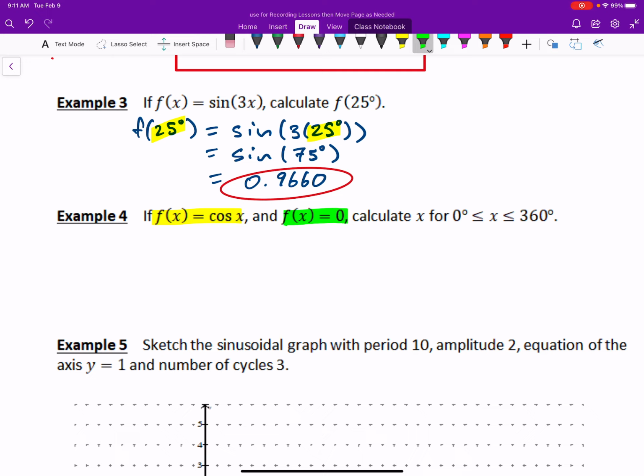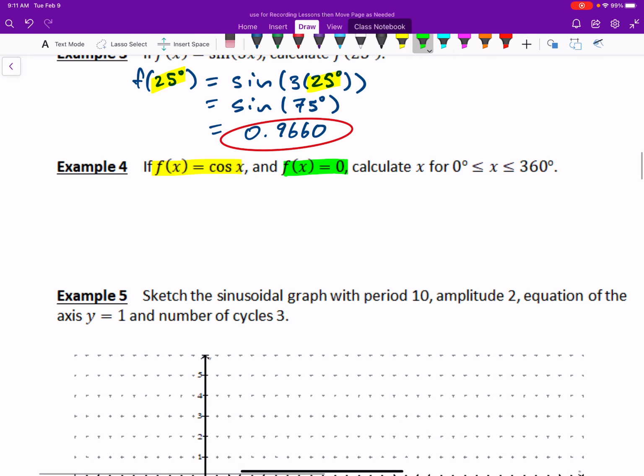They're telling me that f at x equals 0. So I need to plug this 0 in for the y coordinate. So I would put 0 in for f at x, and I'd have 0 equals cos x. And I'm just to find that for between 0 and 360 degrees.